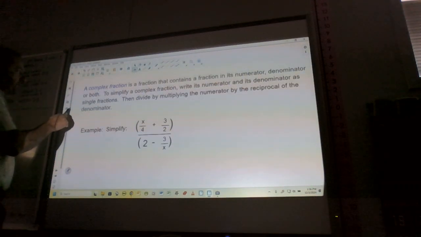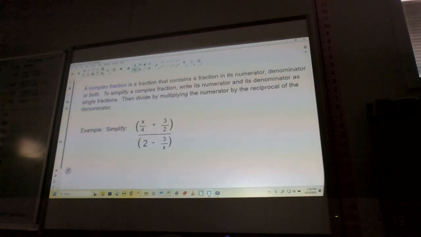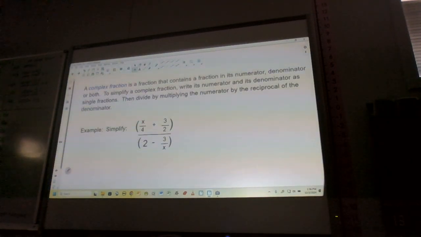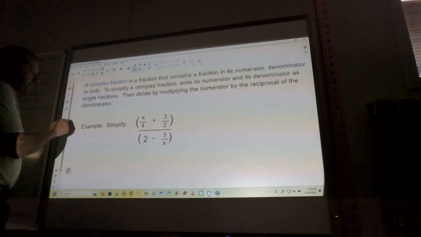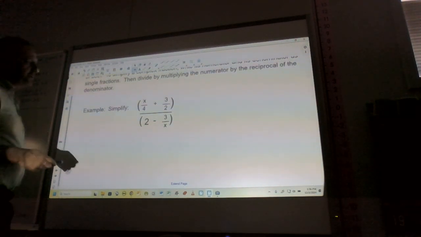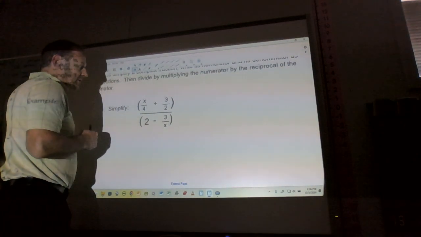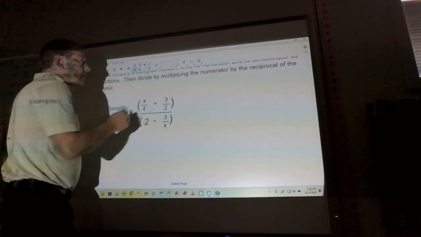Now, this is a complex fraction because it's fractions within fractions. These can take a bit of busy work. So, I need to get a common denominator for the numerator of this thing, which would be 4.